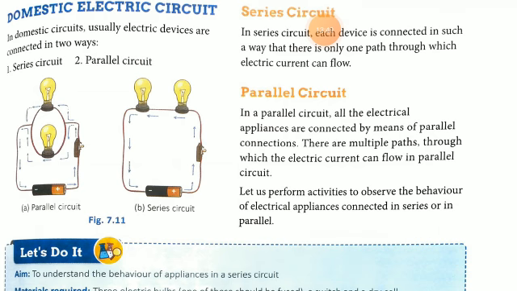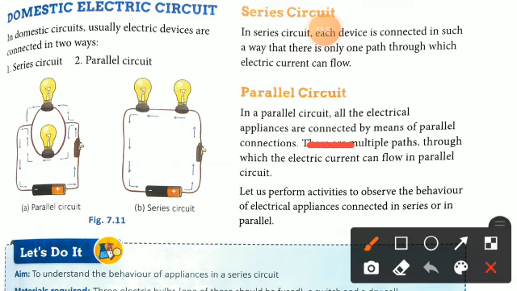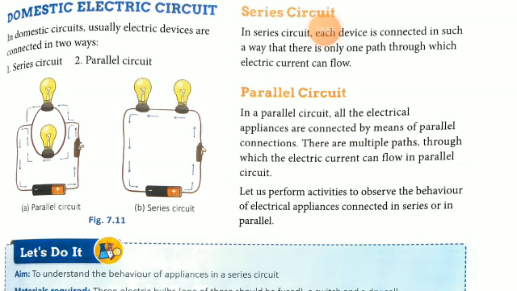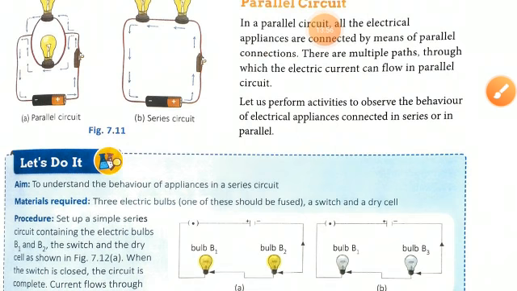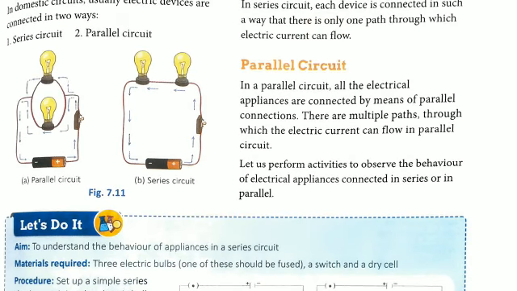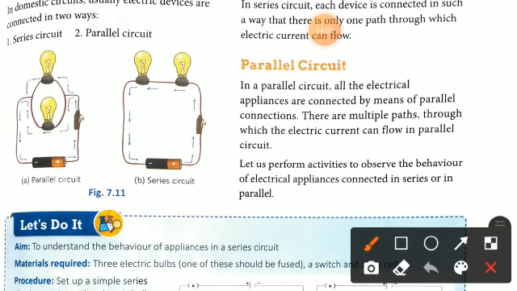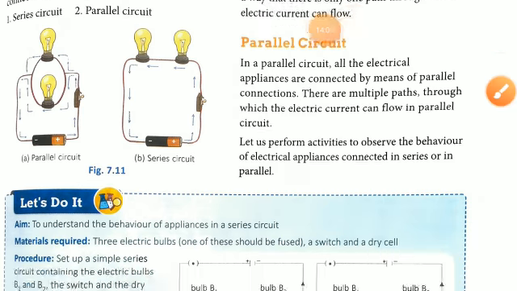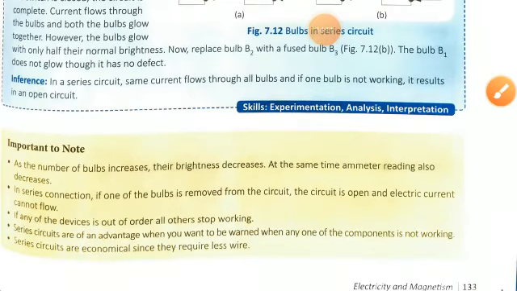There are multiple paths through which the electric current can flow in parallel circuits. So let us perform the activity to observe the behavior of appliances in series and parallel. Because in the parallel combination you can see here the current has two paths, either it goes in this direction or in this direction. Fine. So there is an activity given here in your book.